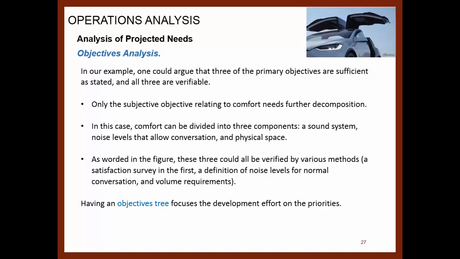As in the figure, these 3 could all be verified by various methods: a satisfaction survey for the first, a definition of noise levels for the normal conversations for the second, and volume requirements. Having an objective helps focus the development efforts on the priorities.